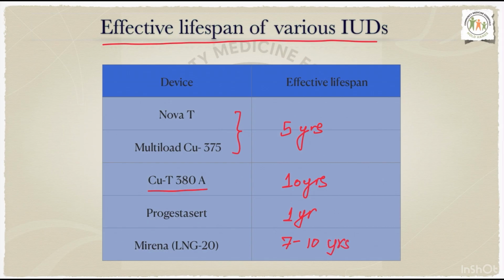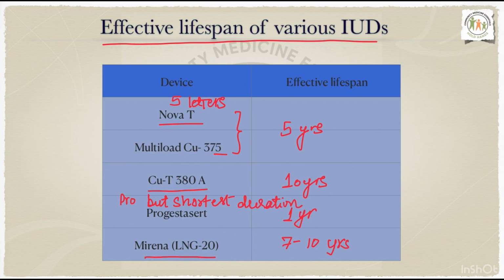Easy trick to remember lifespan: in multi-load copper 375, look at the last digit. It is 5. So multi-load copper 375, 5 years. Nova T has 5 letters. So 5 years. Progestasert is pro but has the shortest duration, 1 year.